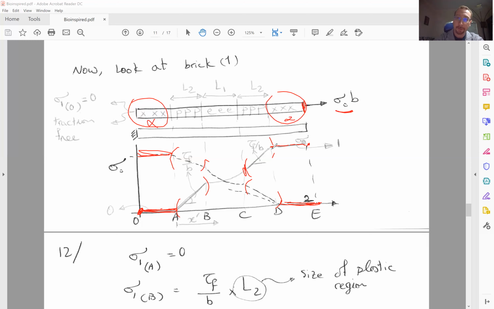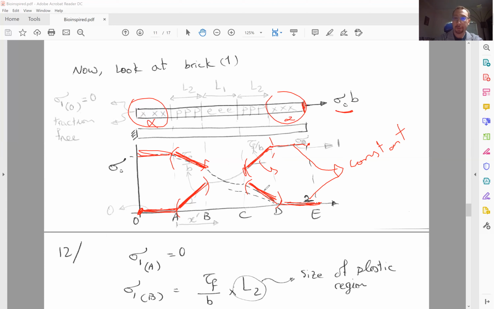So the slope of this line is tau f divided by b, and the slope of this line is minus tau f divided by b.